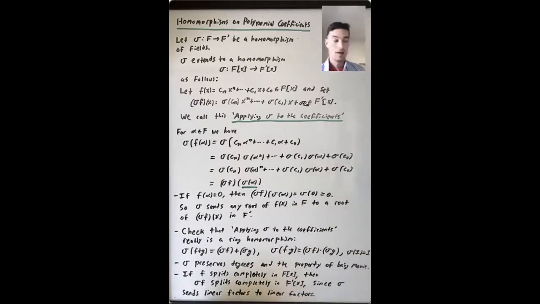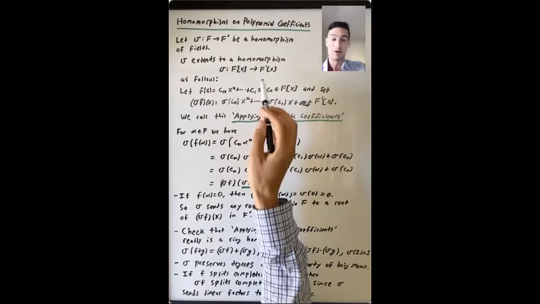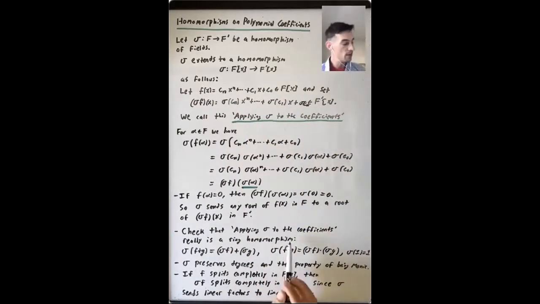Okay, so here I said that this extends to a homomorphism of polynomial rings, but I didn't actually prove that. So what do you have to check? You have to check that sigma of f plus g is the same thing that you get when you take sigma of f plus sigma of g. I haven't written the of x's here for space reasons. You have to check that sigma of f times g equals sigma of f times sigma of g.